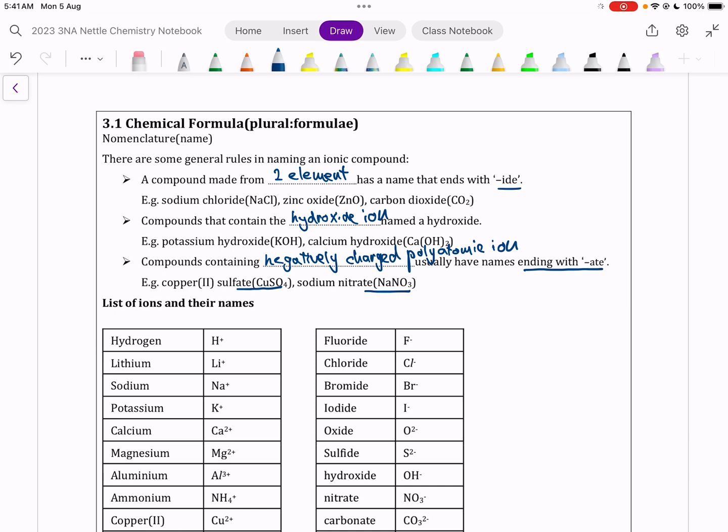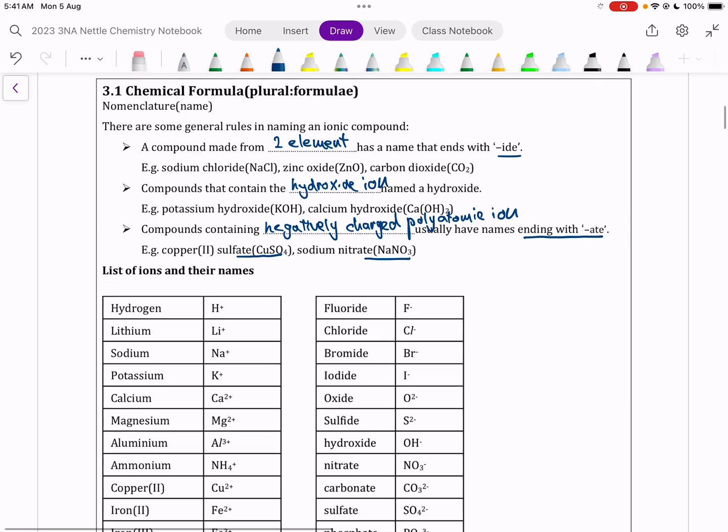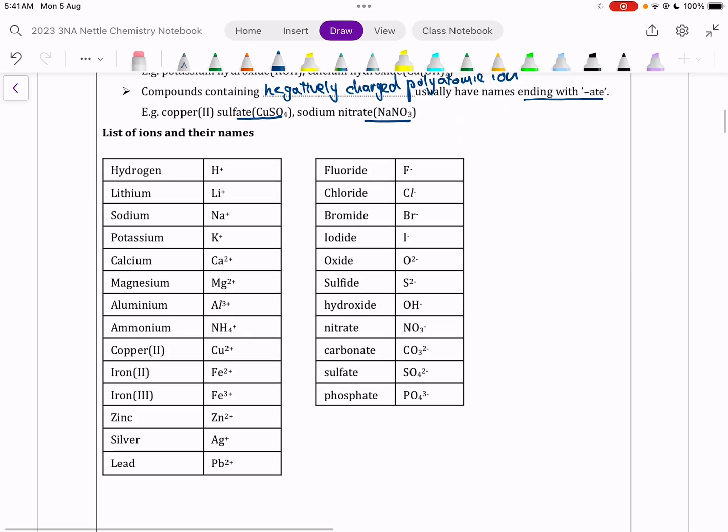We are going to do a quick recap about how to write chemical formulas. There are a couple that are more important, because they are not shown in your periodic table, such as your hydroxide, nitrates, carbonate, sulfates, phosphate, as well as your ammonium.